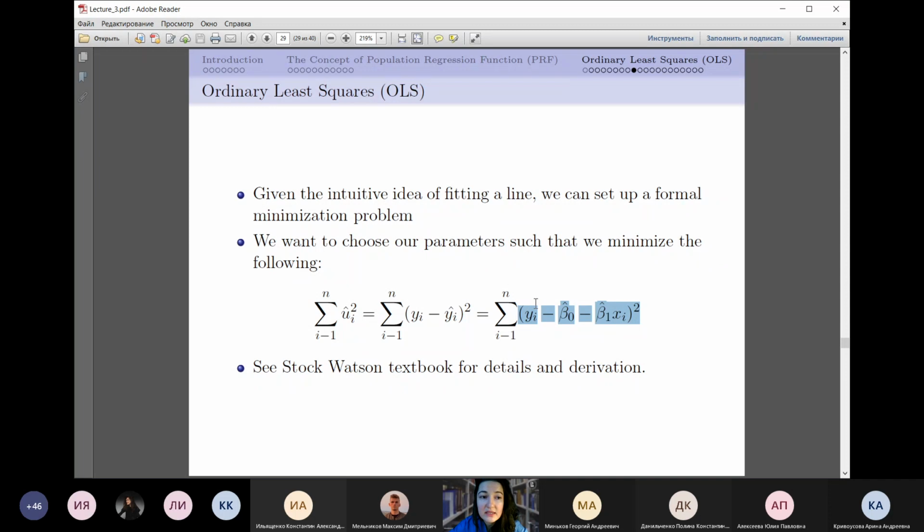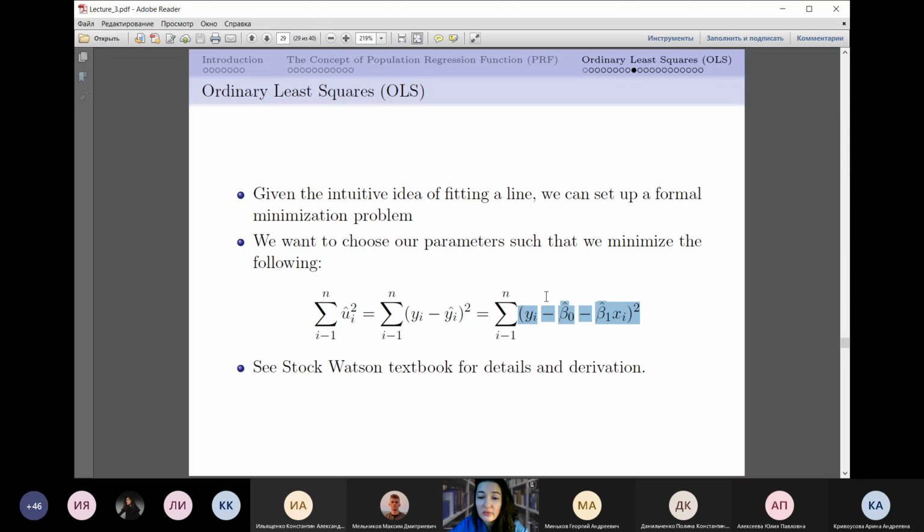And this is the main idea behind the least squares method. So the best way is to choose our estimators in such a way that the residuals will be as small as possible. And why is the ordinary least squares method so popular?